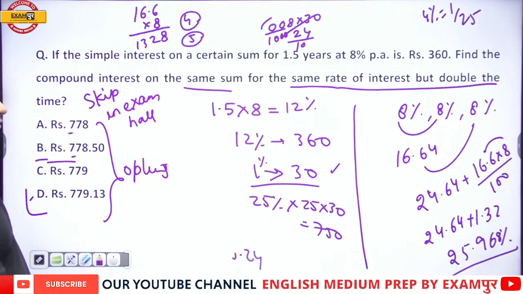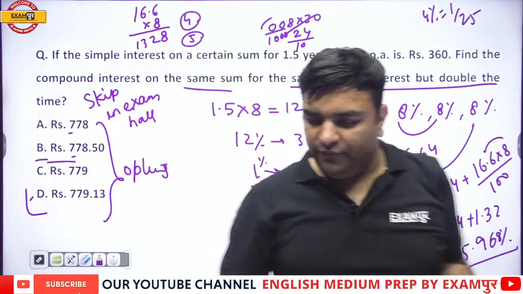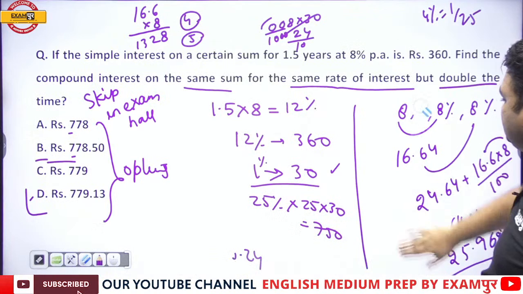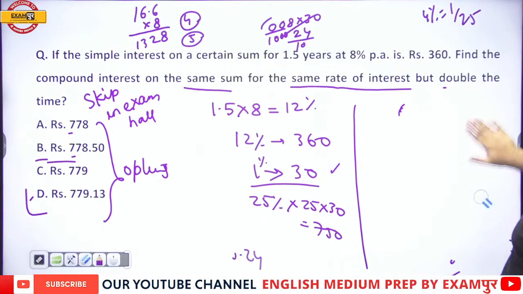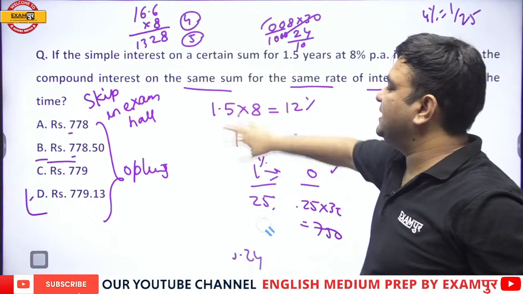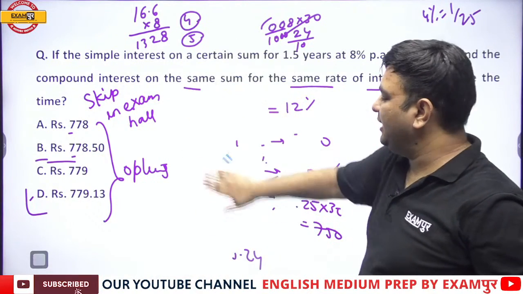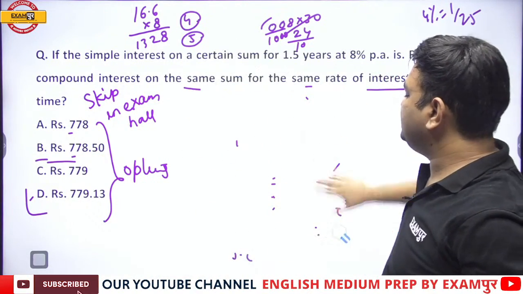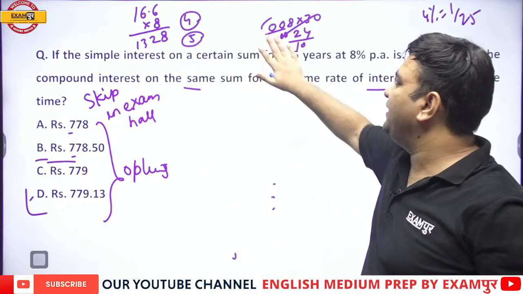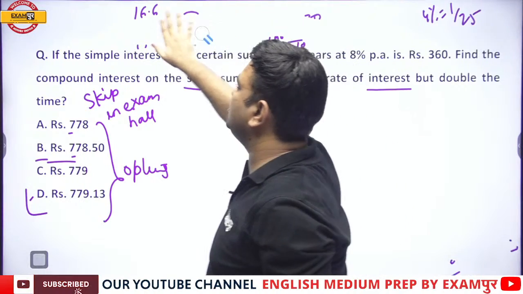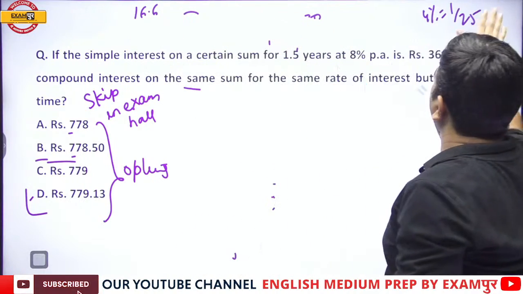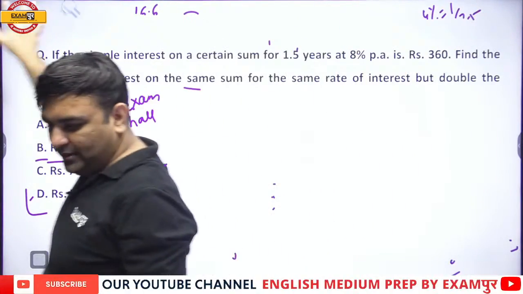If you have this art of skipping, guys, your marks can increase tremendously. Because if you start solving it in the examination hall, it can create a loss of at least 5 to 10 marks.